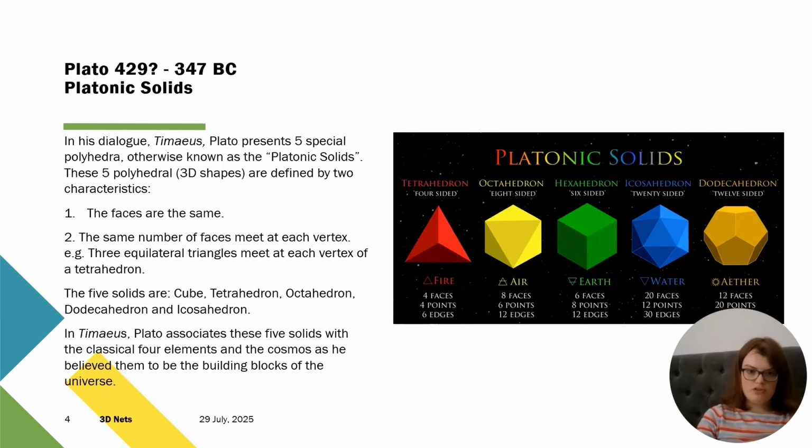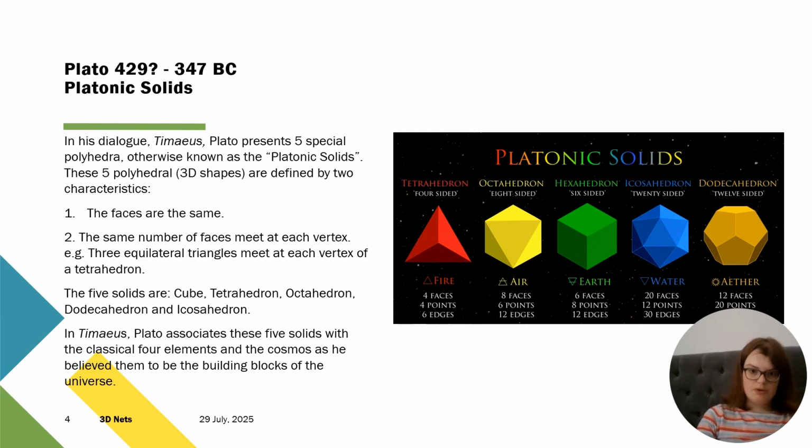We then move on to the platonic solids, and this gets to the history part, which I'm quite excited about as one of my degrees was in history. So in his dialogue Timaeus, Plato presents 5 special polyhedra, otherwise known as the platonic solids. These 5 polyhedral 3D shapes are defined by 2 characteristics. The first characteristic being that the faces are all the same.